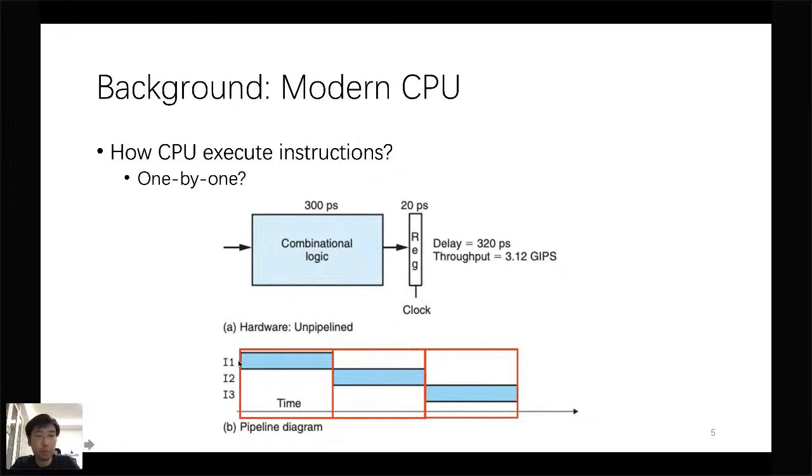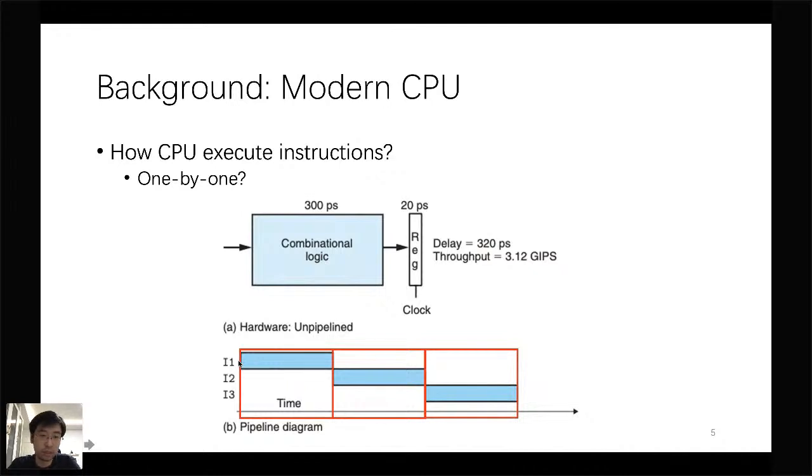An important idea to optimize it is the pipeline. The pipeline was first invented by Henry Ford when he tried to manufacture cars, and modern CPUs have borrowed such ideas. The general idea is that we can divide the execution process of a single instruction into multiple stages, so multiple instructions in the CPU can be executed at the same time.